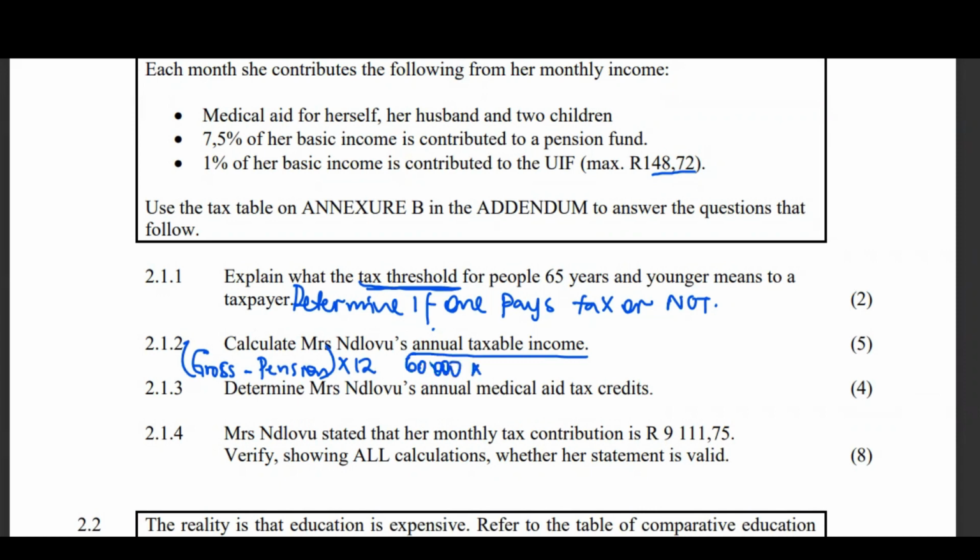Since we are looking for pension, we shall subtract 7.5% of the basic income, and multiply everything by 12.